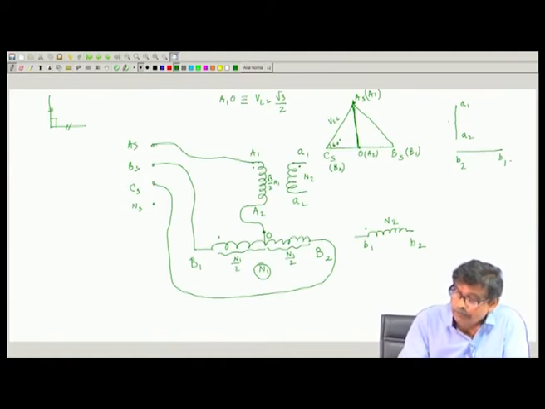What is the voltage per turn? This voltage divided by the number of turns of the primary.